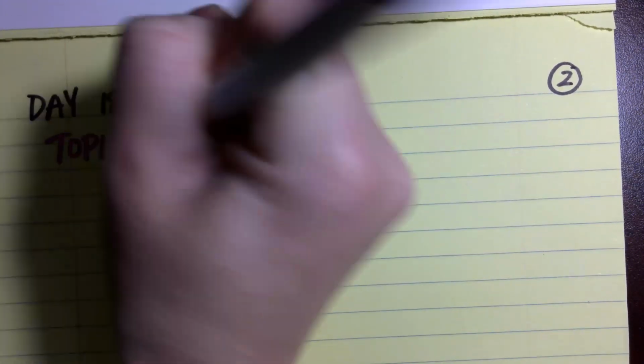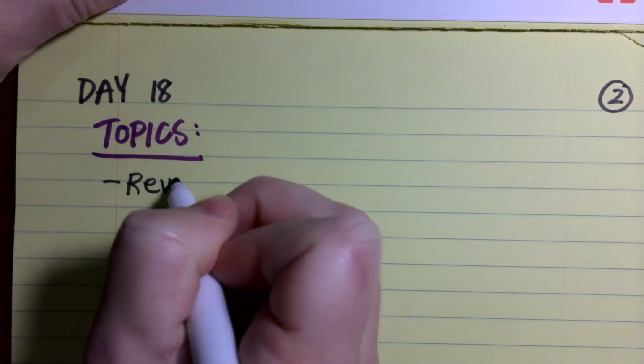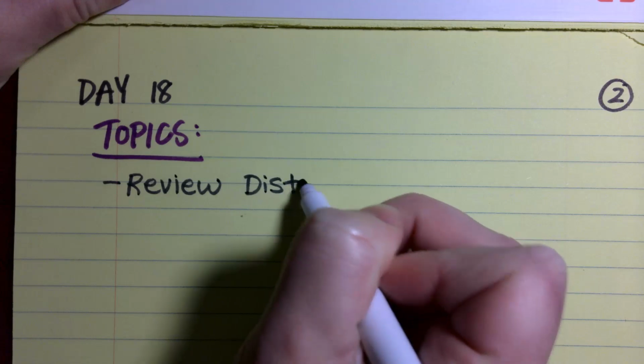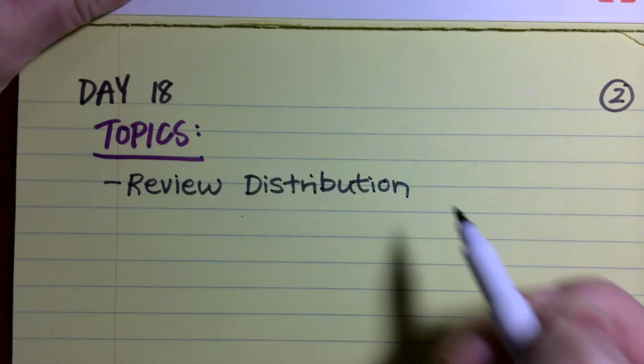There you go. All right, so today we are going to write down our topics. You don't have to write this, I'm just writing it for everybody's sake so you can kind of visually see what we're doing. We are going to do a little bit of review on those distribution problems, although it seems like you guys have them down pretty well.